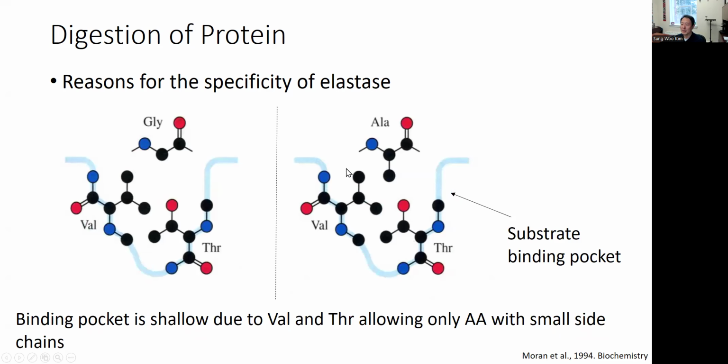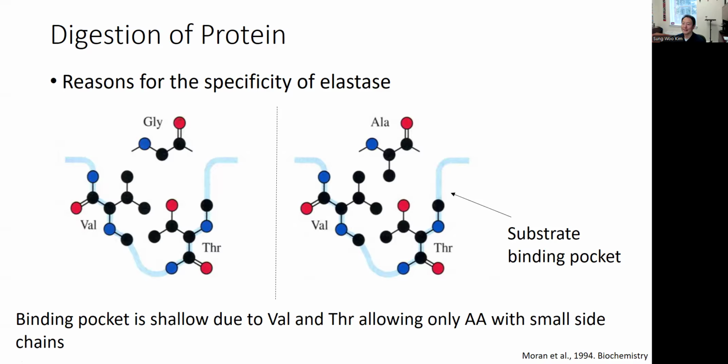In the case of elastase, it's not very specific, but the feature of the binding pocket of elastase is that it is very small, very shallow, right? So it will allow a very small amino acid, an amino acid with a small R group.